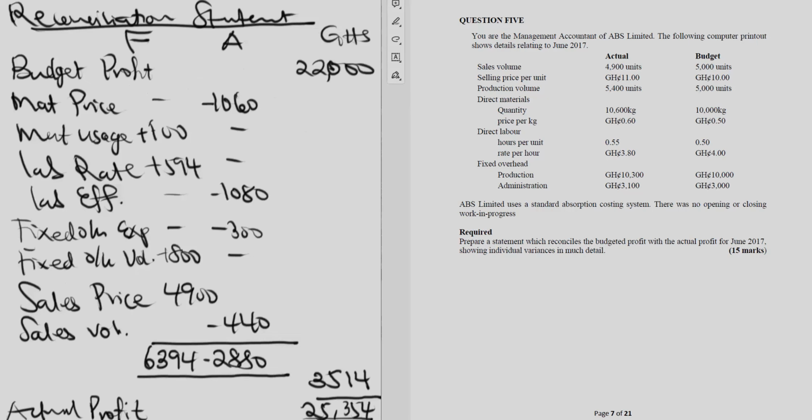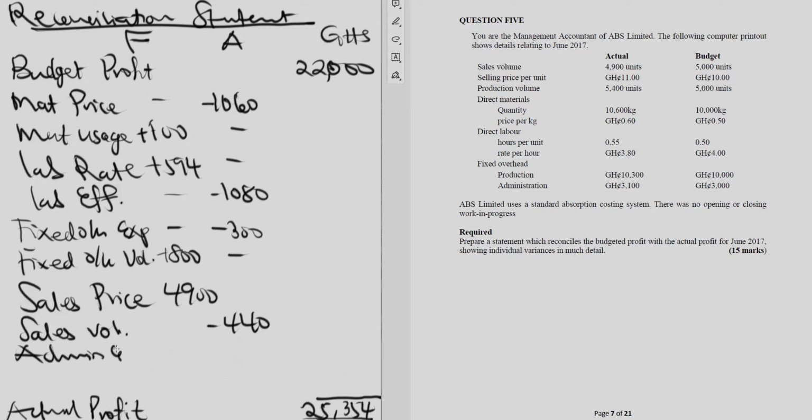Where's our statement? So somewhere down here, I have to bring in that variance. Admin expenses variance. So administrative expenses, I think that one was a negative 100. So if we put all the totals together, we have 100 for the top plus 594 plus 800 plus 4,900.